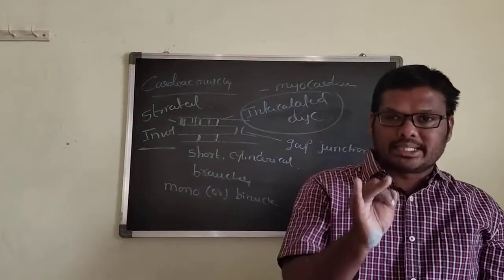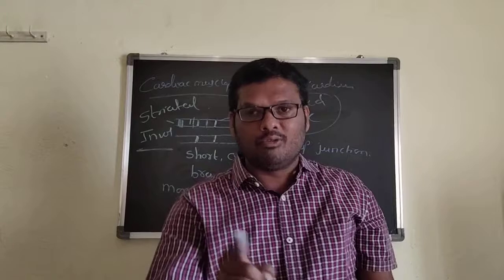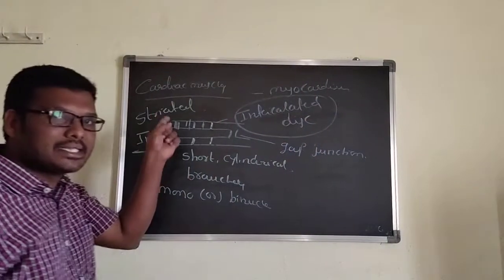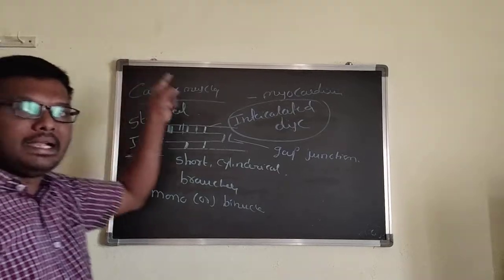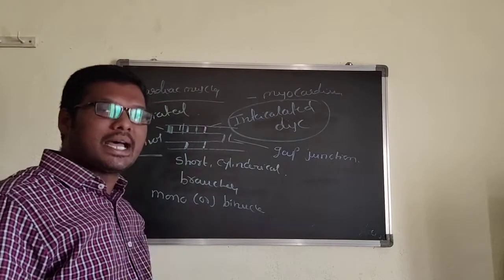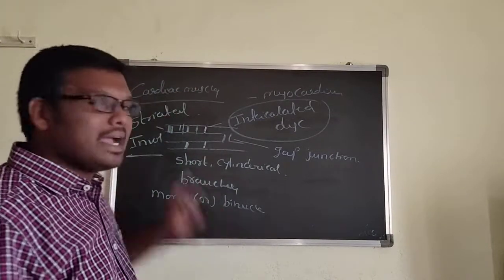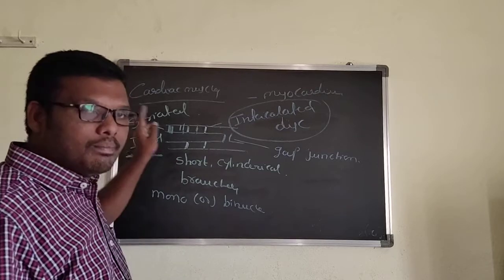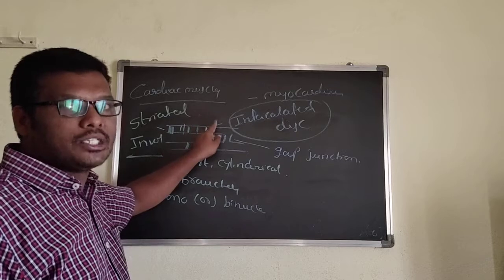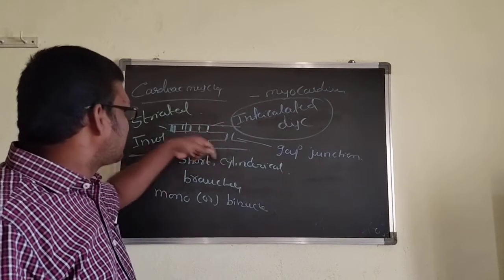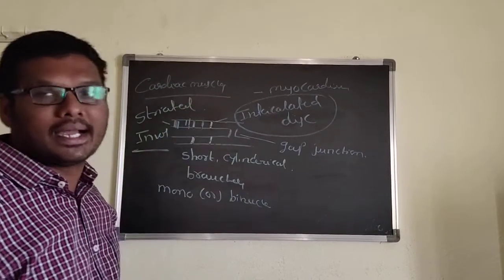Smooth muscle is non-striated, involuntary. Cardiac muscle is striated, involuntary. Skeletal muscle is multinucleated, smooth muscle is uninucleated, and cardiac muscle is bi or mononucleated and branched. In tomorrow's class, we can discuss some concepts about cardiac muscle.